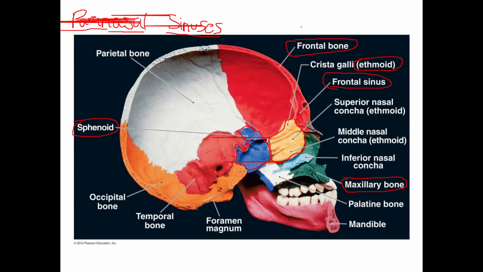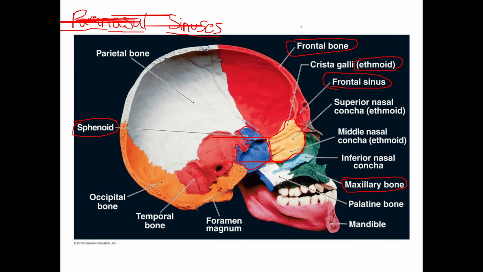And there are going to be 2 primary reasons why that's occurring. The first reason why we have these hollowed out portions is to make the bones less dense, and also to allow for an easier time moving our head so that it's not as heavy. So this allows us to keep our posture a little bit more straight. The second reason is because inside of these sinuses is where we have our mucosal cells.